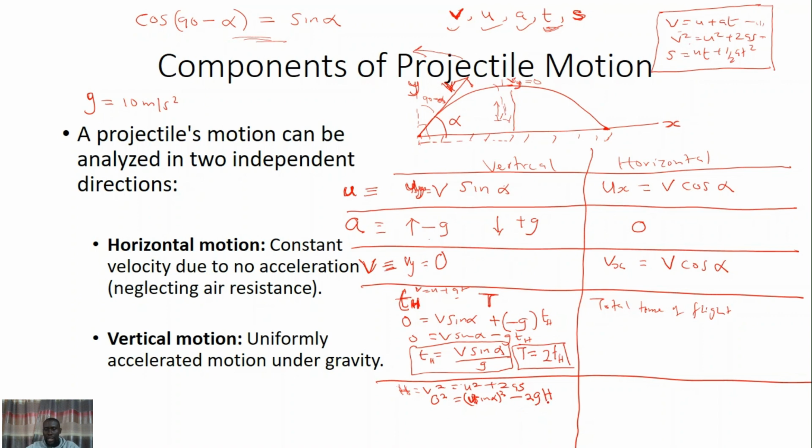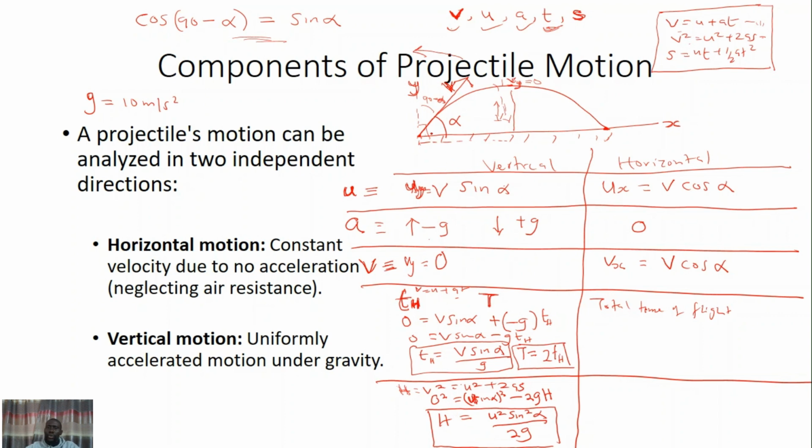Making h the subject of the formula, we get h, the maximum height, equals u squared sine squared alpha divided by 2g. This is just the mathematical evaluation, and this will be the maximum height.